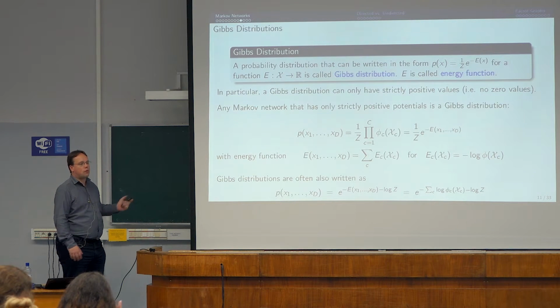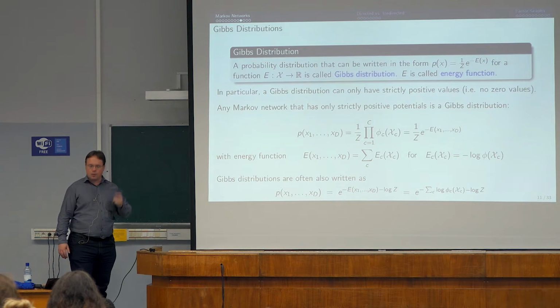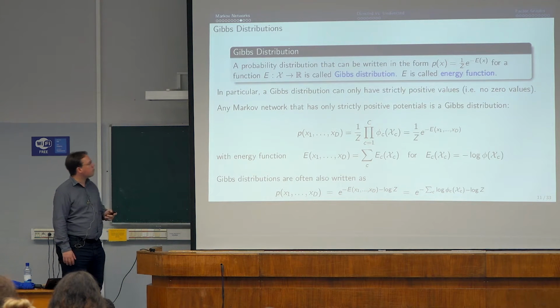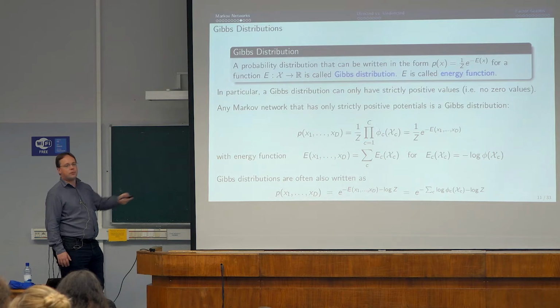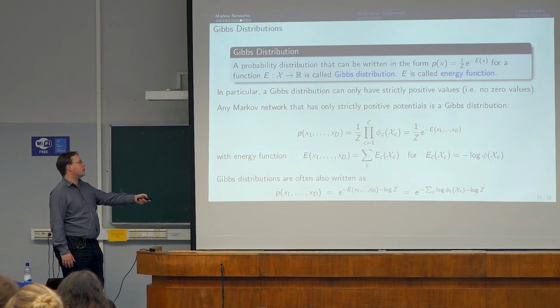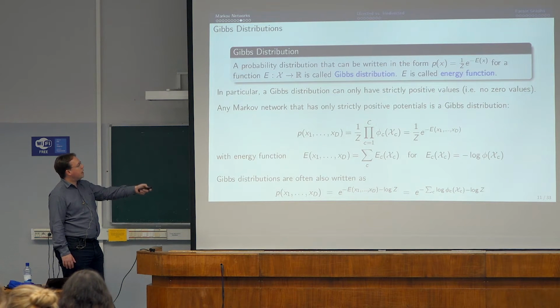One difference we already saw, right? How to read off conditional independence. But there's others. Okay, the other thing is that the moment you have a Gibbs distribution which is written as an exponential with some factor in front, then you can always just make the normalization constant disappear by taking its logarithm. e to the something with a constant in front is equivalent to e to the something minus logarithm of the constant in front.